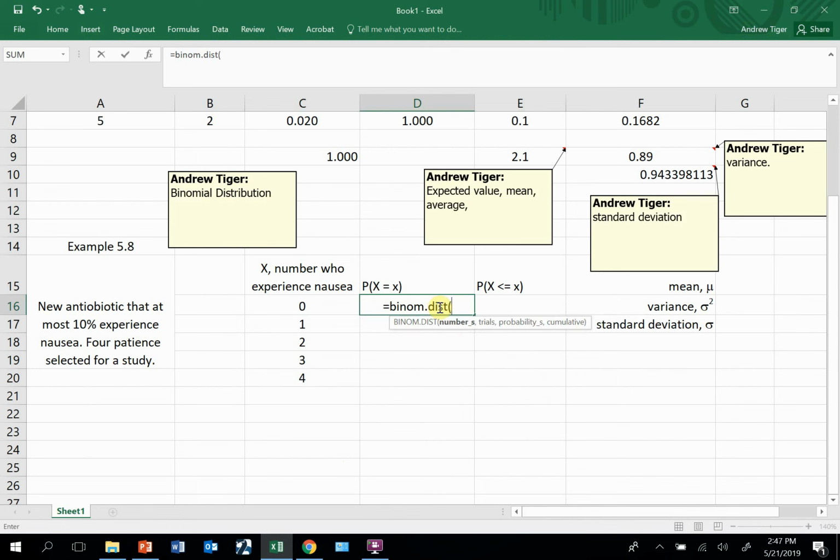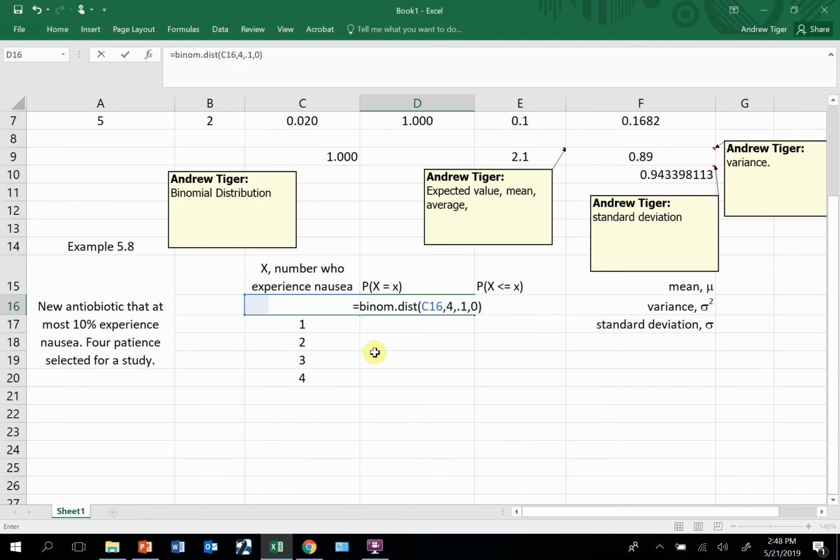You put in the BINOM.DIST, and the first argument is the number of successes, which is exactly 0. How many trials? In this case, it's always 4, and the probability of success, or what we're calling success, getting sick, is 0.1. Now the last argument is a yes/no variable, and we don't want a cumulative, so we're going to put 0.